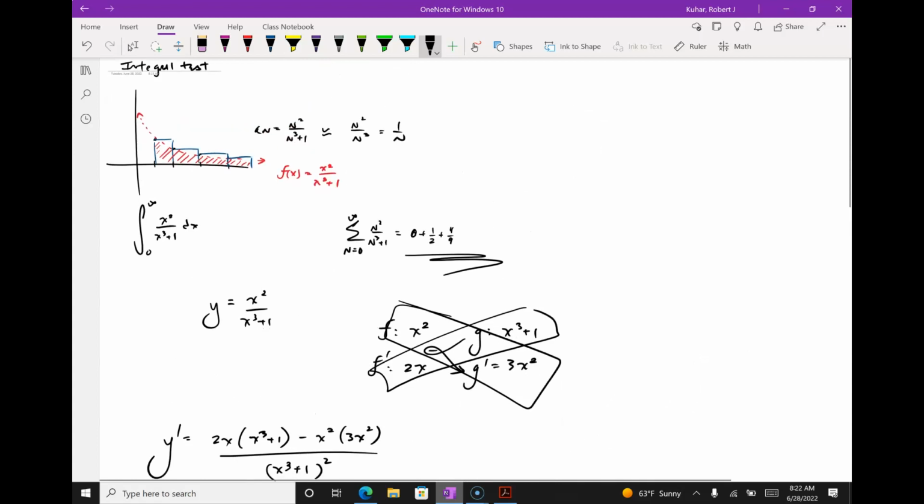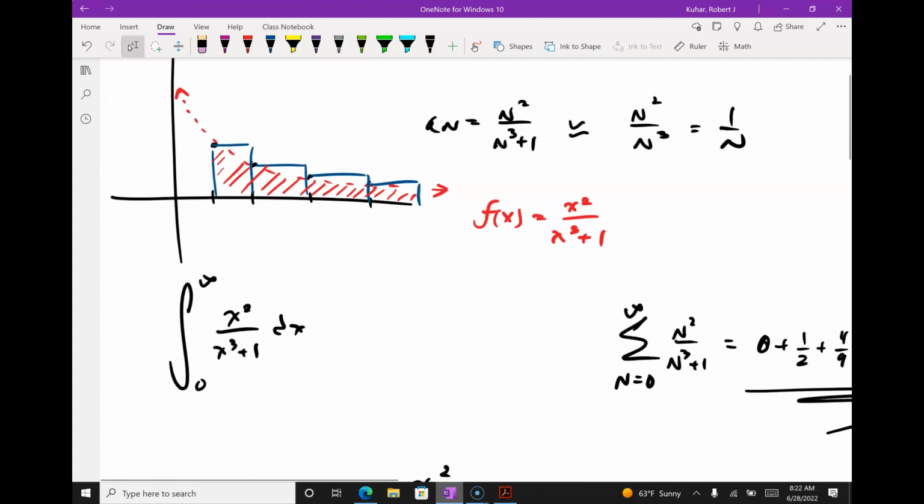Looking at that box, I can calculate the first two areas easily of the blue areas, right? So then all I really care about is after, actually this is 1, so all I care about is after 2.